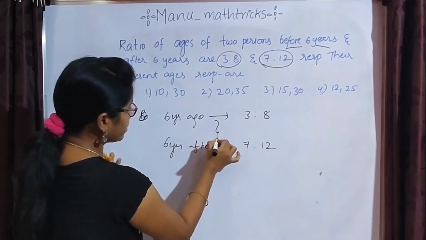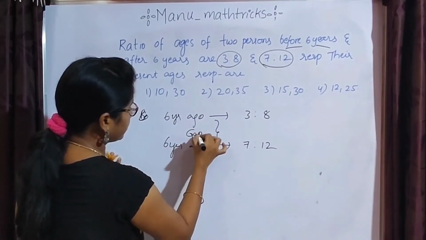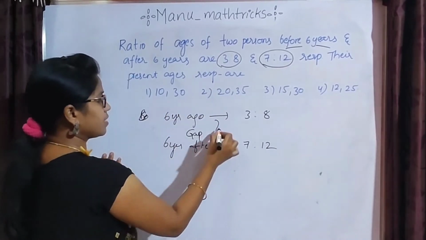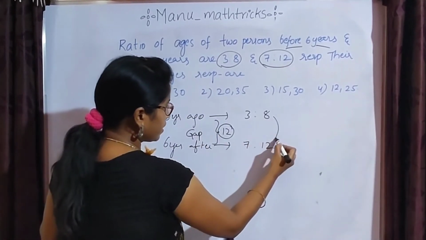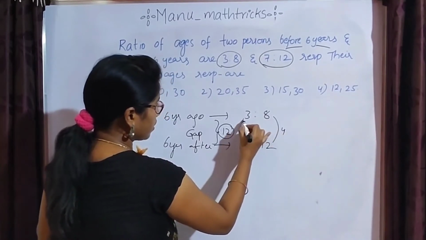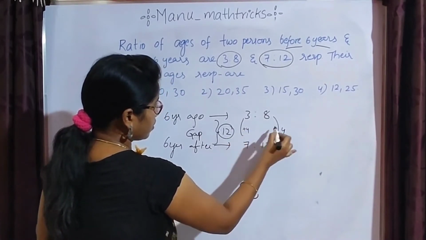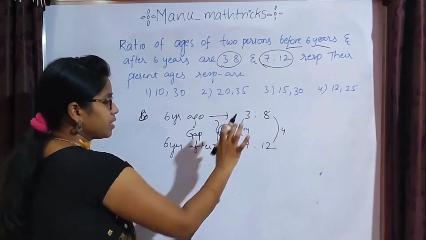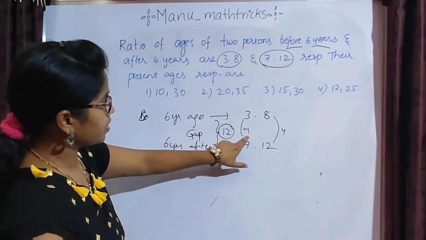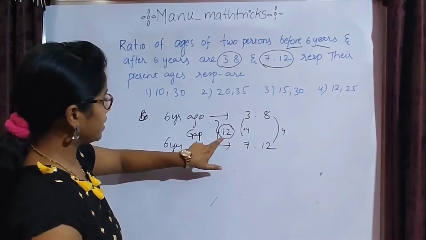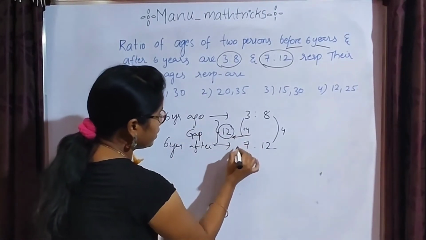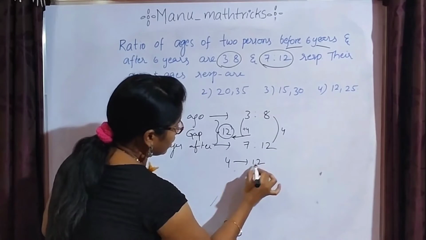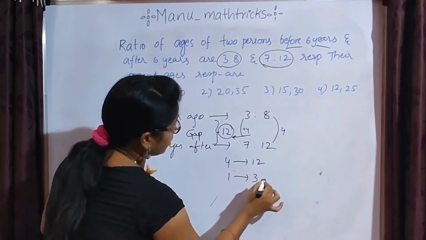Here the gap difference between 6 years ago and 6 years after is 12 years. Now let us see the gap between these 4 and 4. The 4 is the difference between the ratios, and this is the difference between the ages, that is 12 years. Now 4 represents 12, then 1 represents 3.